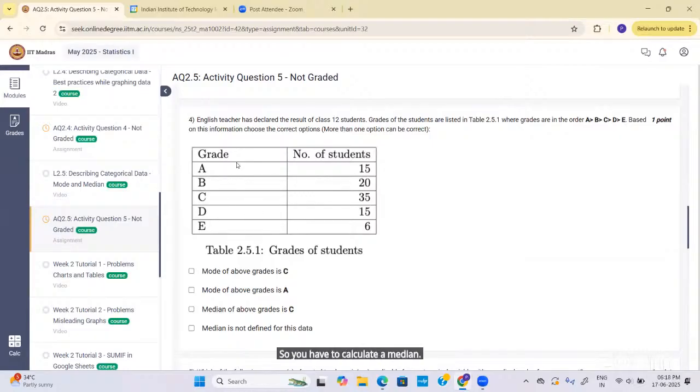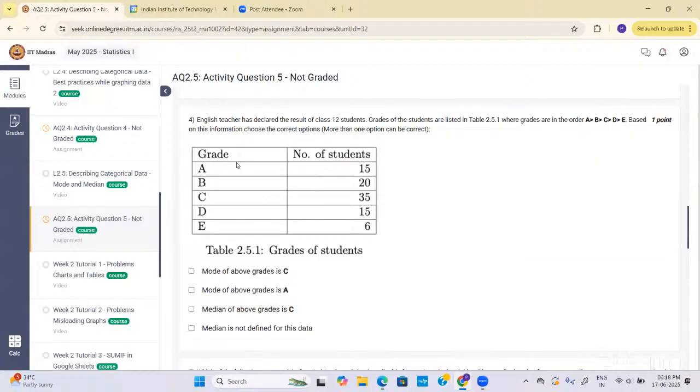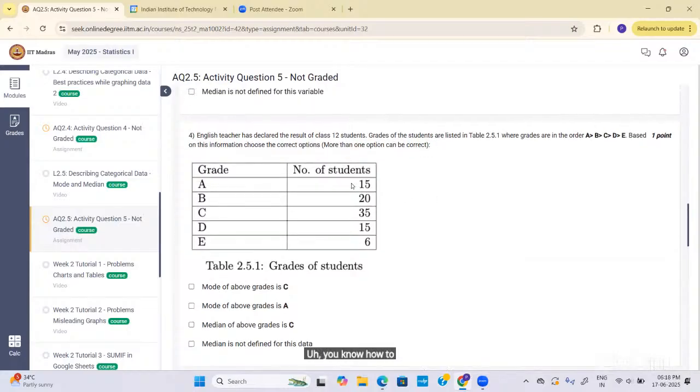How did you calculate the median in this question? Do you know how to calculate the median for categorical data? I was just confused in this part. Will you please explain?